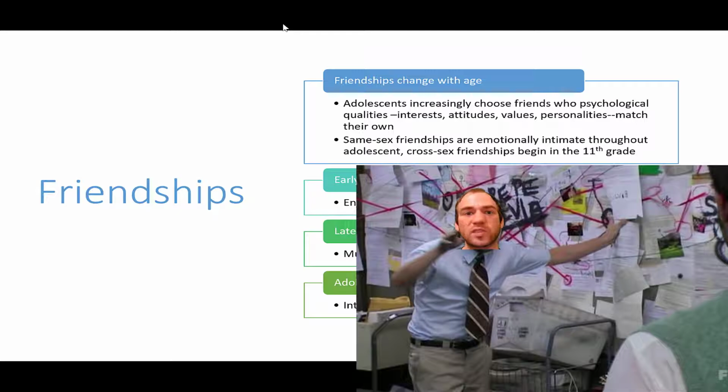But as we saw with peers who are aggressive and possibly rejected by their friends and in more antisocial groups, this can have a negative impact. But the idea here is that regardless, those friendships serve as models for future romantic relationships and have emotional intimacy embedded within them.